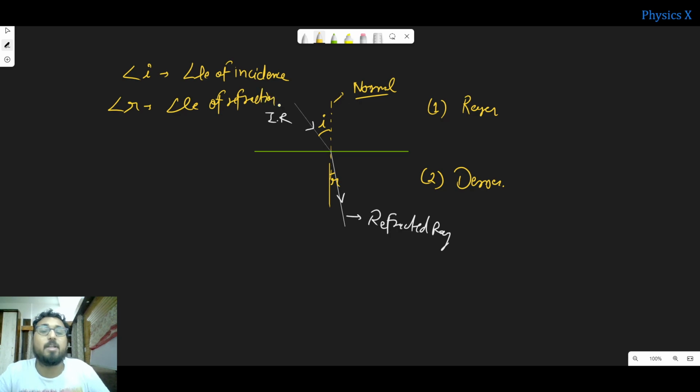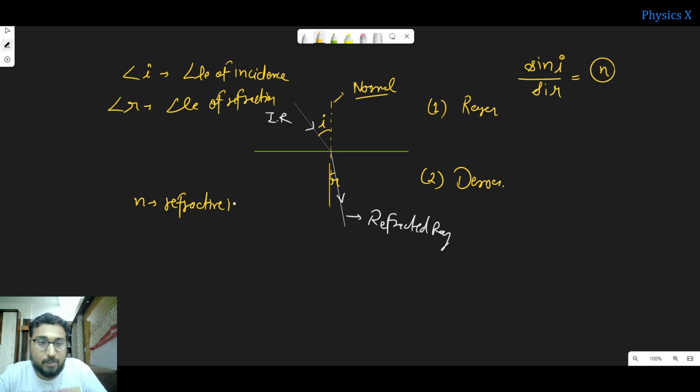So sine I upon sine R is what we call n. And n is called the refractive index. Refractive index of material 2 with respect to material 1.